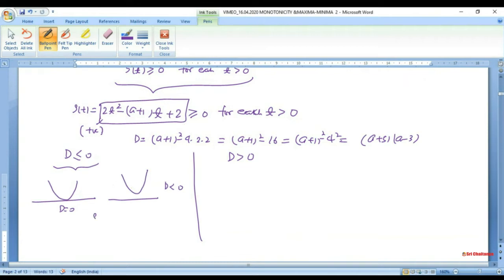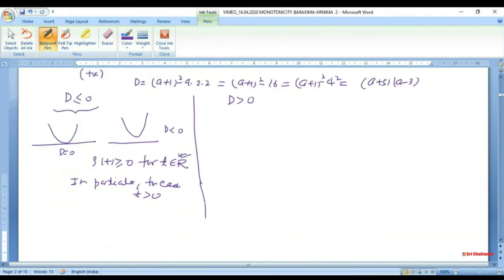So in both cases, g of t is always non-negative for each t that belongs to R, and in particular for each t that is positive. So in this case, we can simply say that all values will work.